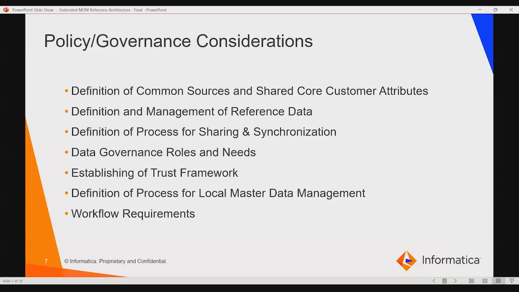The definition of process for local master data management. When we are mastering the data locally, not centrally, then for example, let's say we are doing one mastering for Asia Pacific, one mastering for Latin America, one mastering for North America, and one mastering for EMEA countries, Europe and Middle East. In that case, all of these master data now will flow into the central hub, the universal hub.